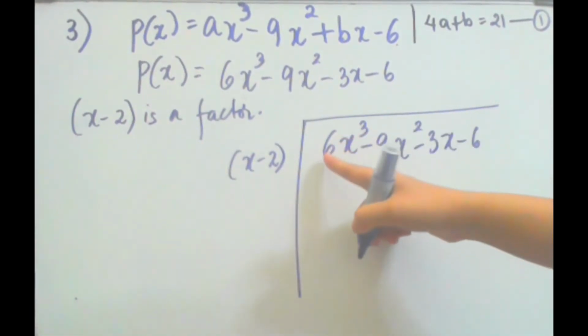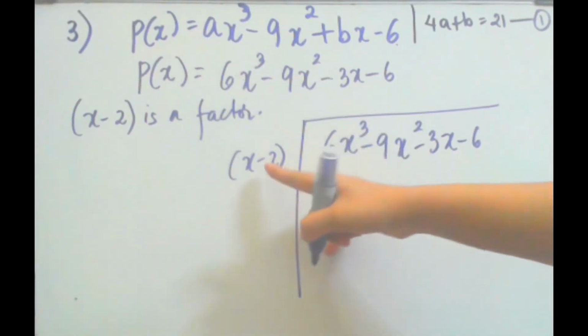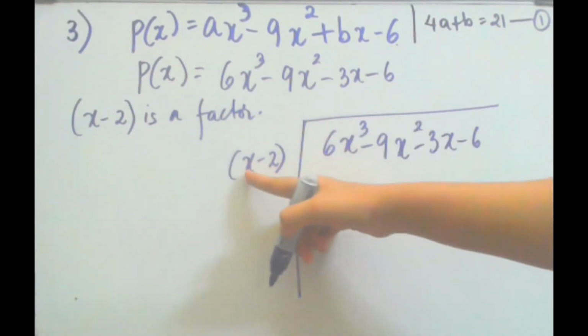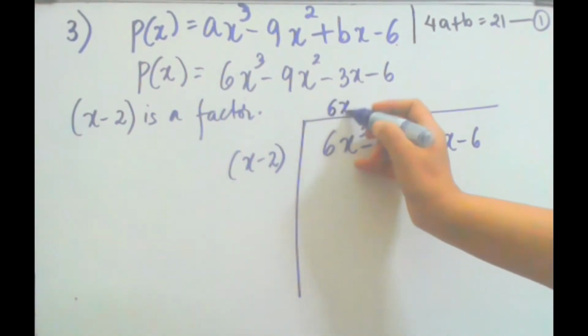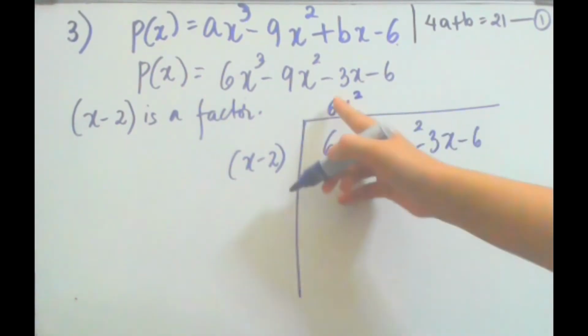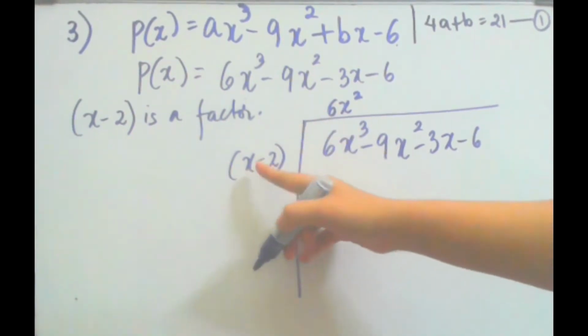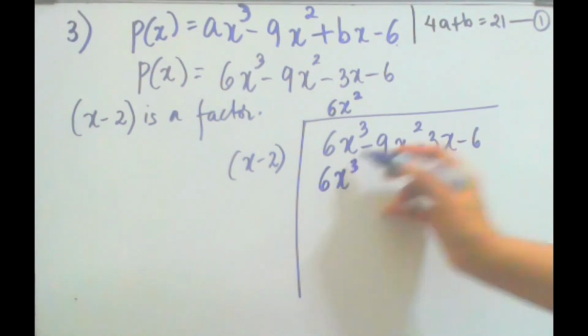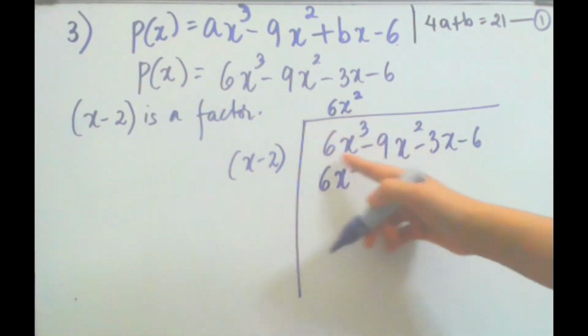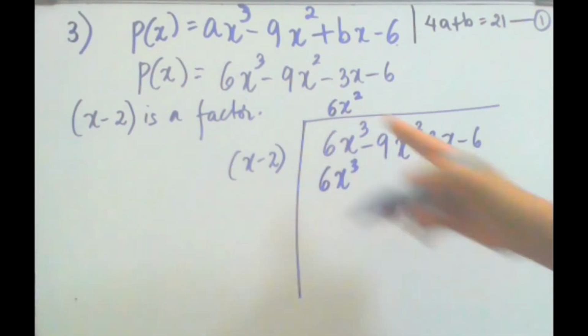Okay, so to get 6x cube, what do I need to multiply this x with? It is 6x square. So when I multiply 6x square by x, I get 6x cube. So that is my goal, to get this same term here. So I got that.